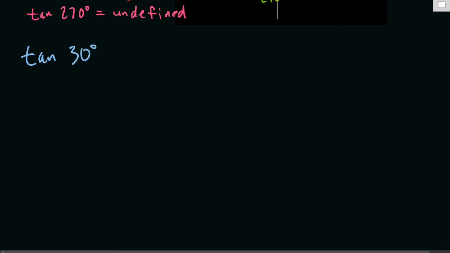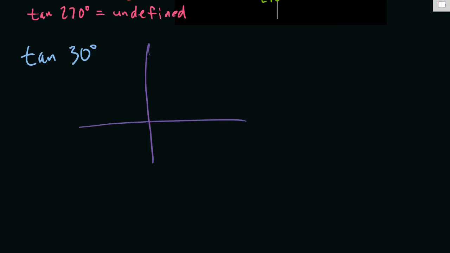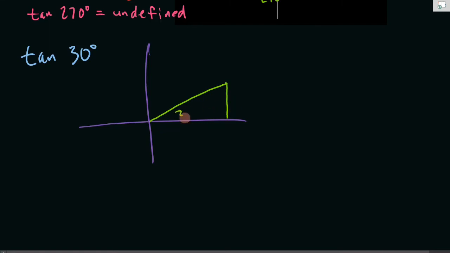So the way we can do this is we can just quickly sketch some axes, and we know that 30 degrees is going to be a triangle like this, right? So this is our 0 degrees here, 180, 360. So 30 degrees is just a little bit up, and so this is positive, positive. My sine is small, and my cosine is big. So it's a half and root 3 over 2.